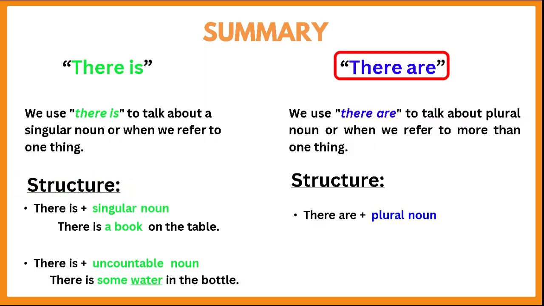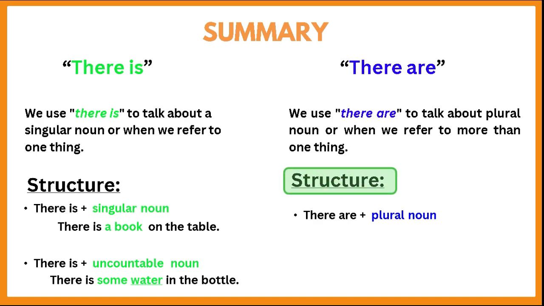Let's see there are. We use there are to talk about a plural noun or when we refer to more than one thing. The structure will be there are followed by a plural noun.